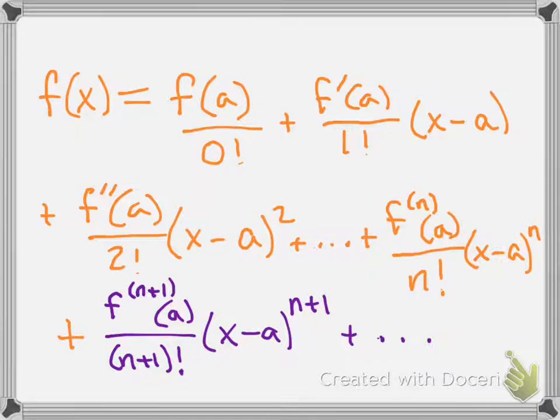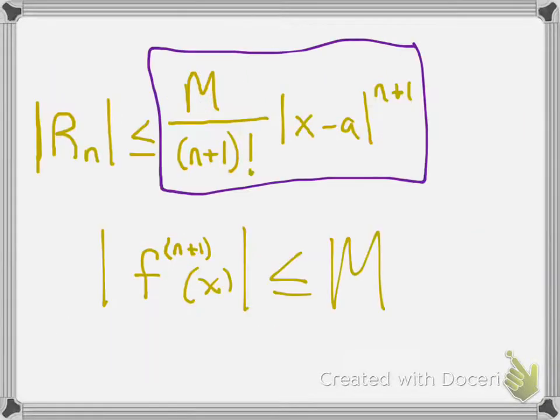One, we have here in that next term, it's actually the n plus first derivative of f evaluated at a, where in the remainder we have that value being replaced by m, where m is the largest magnitude taken on by this n plus first derivative, or at least some upper bound for the magnitudes.